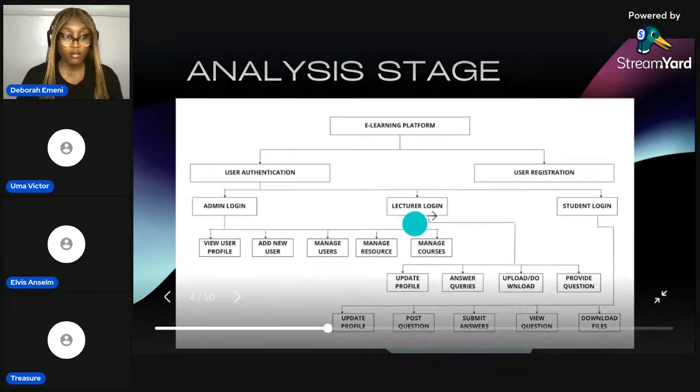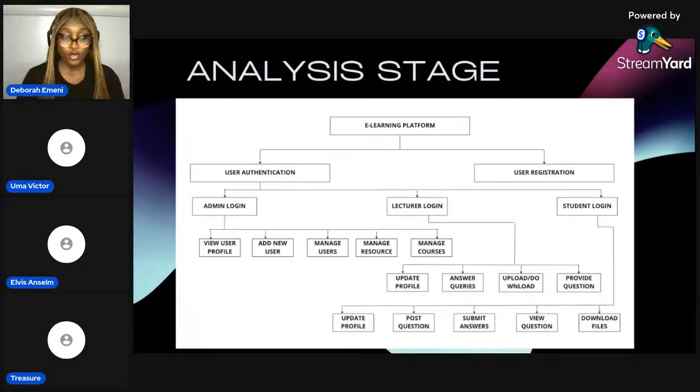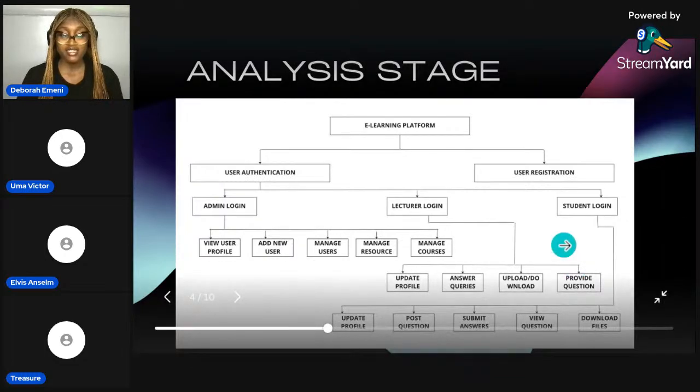Then the lecturer login component has functions like updating profile, answering queries, uploading or downloading, providing questions, and other functions that take place for this lecturer login component. And then under the student login component, you have functions like updating profile, posting questions, submitting answers, viewing questions, and downloading files. So this is the basic summary of what happens in the analysis stage.